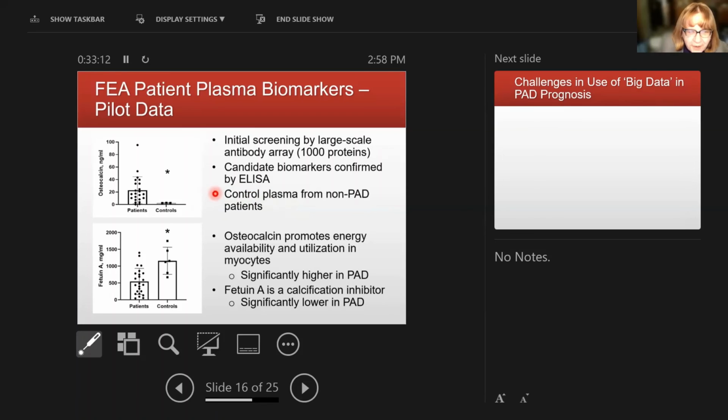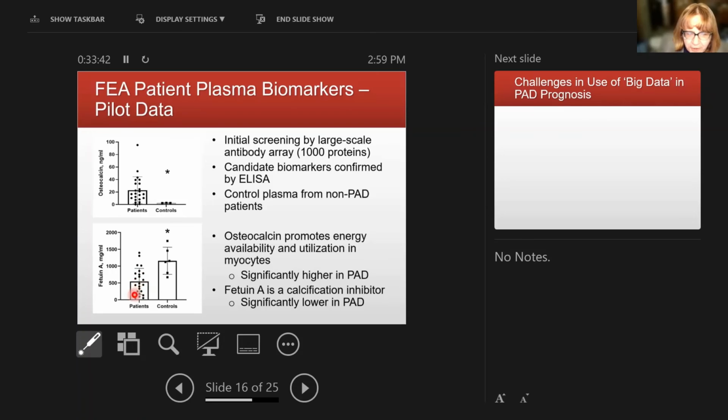So we identified a number of candidate markers, such as osteocalcin, which is elevated in patients versus controls. This protein is known to promote energy availability in myocytes. Patients with peripheral arterial disease have skeletal muscle myopathy in the extremities because of this long-term ischemia.